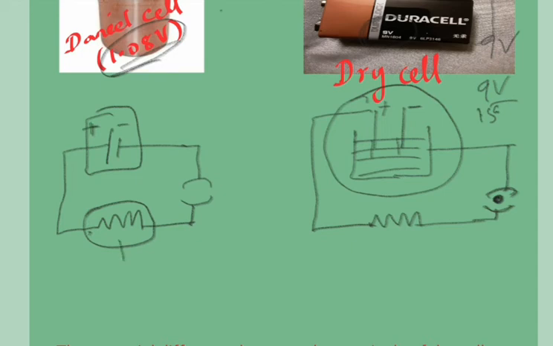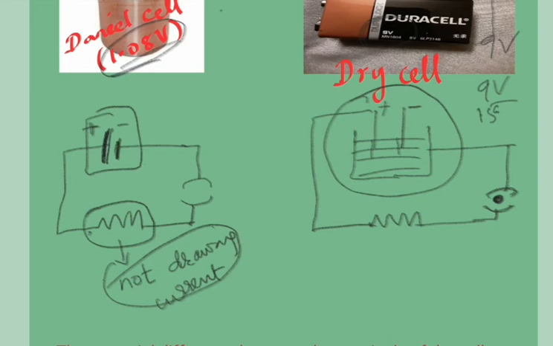Suppose this device is not drawing any current, that is, we are not using current from the cell, then whatever potential difference is there for this cell, we name that EMF. That is, if you keep a cell simply without any connection, that cell will have a voltage or a potential difference between the positive electrode and the negative electrode. That is actually known as the EMF of the cell.